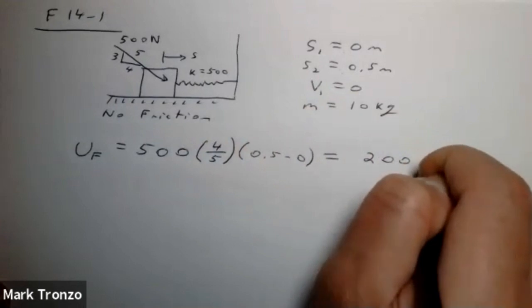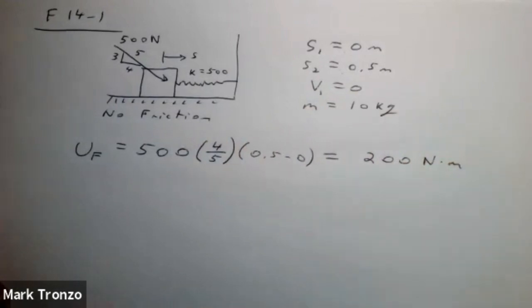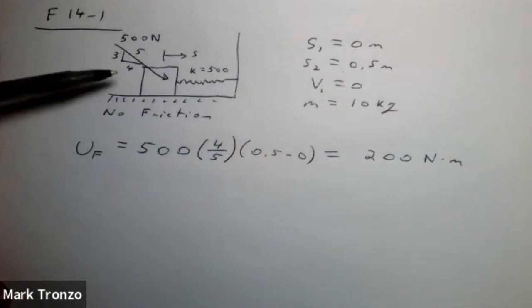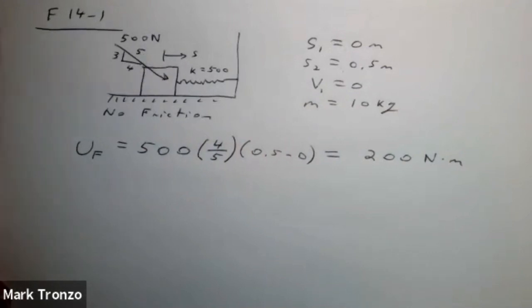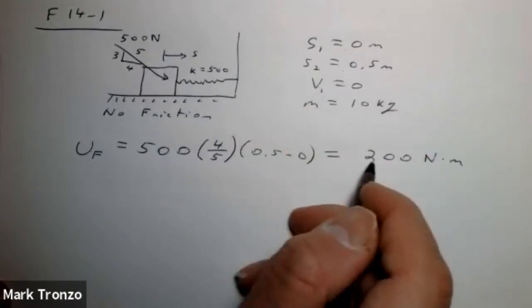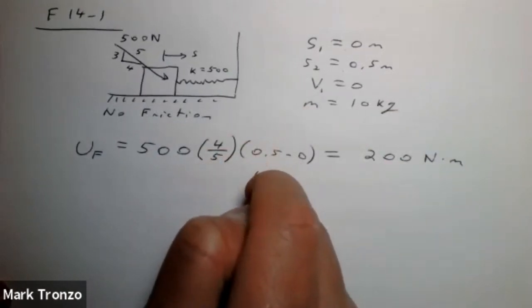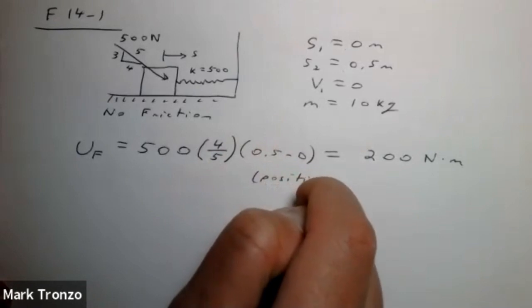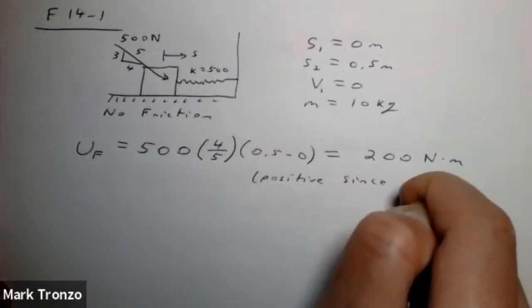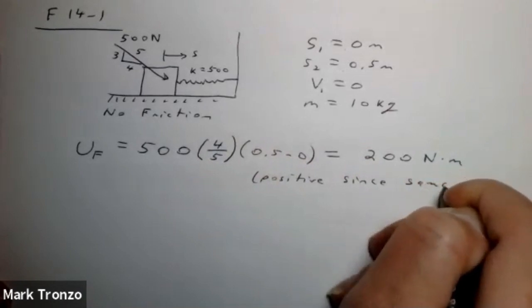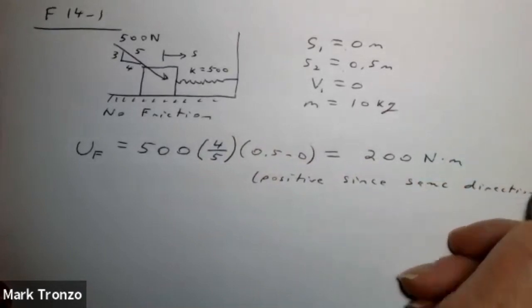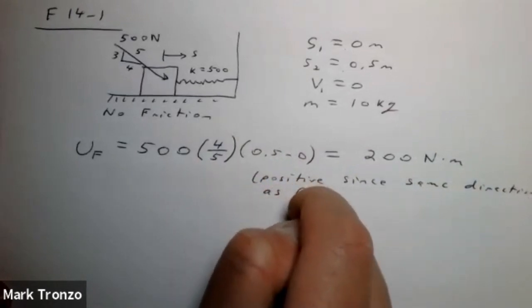And this is going to be 200 newton meters. Since it's moving to the right, and this force is to the right, we're going to keep this positive, since it's in the same direction as the force.